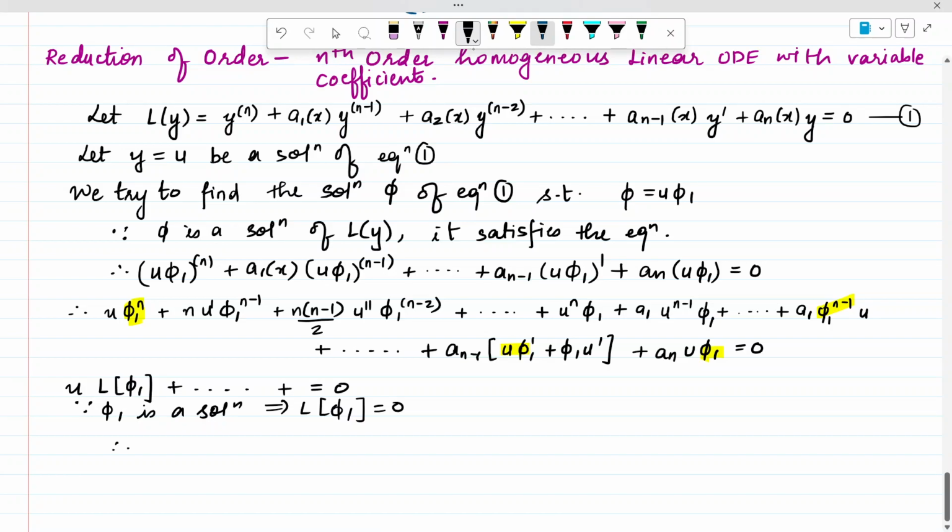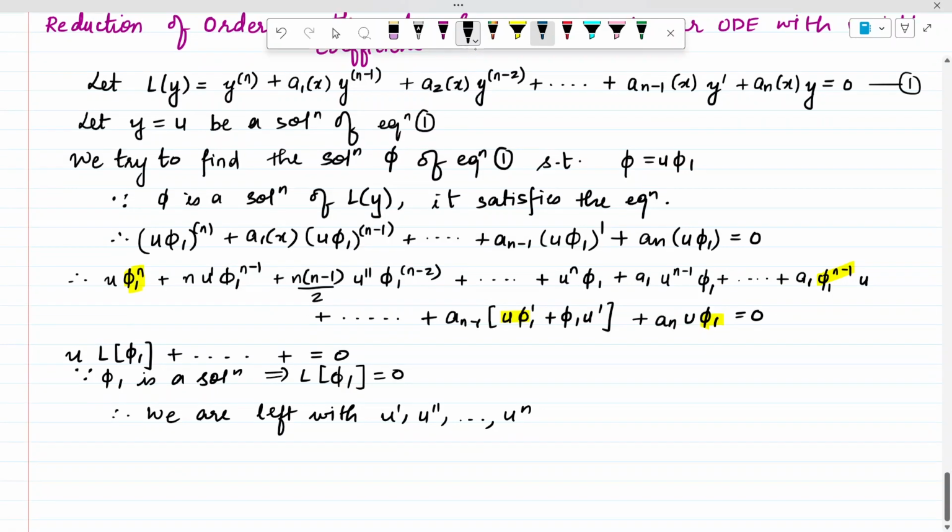Okay, what we will be left with is powers of u dash, u double dash, and so on. Agree? And up to the nth order. Okay, so we're left with this.